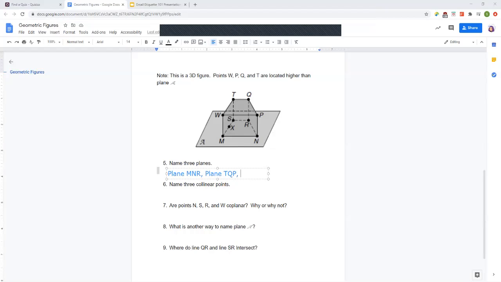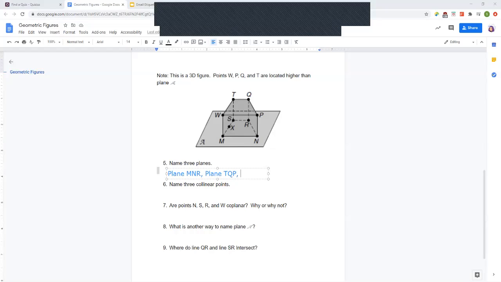We're going to move on to something new next week that hopefully will be a little easier. The diagrams are definitely a lot simpler. So hopefully that'll be good. QRN, I could name this one here on the side. And then there were some other planes I didn't name, but hopefully you get the idea.